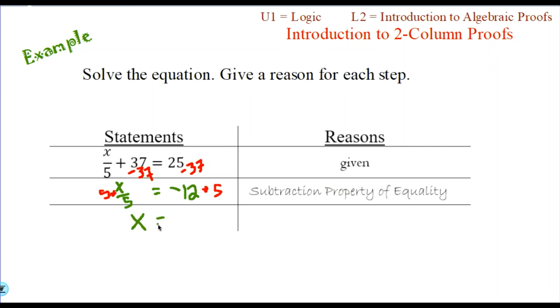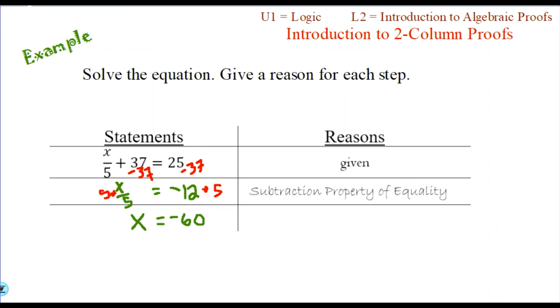So multiplying and dividing by 5 cancels each other out. On the right hand side, a negative times a positive is a negative. 12 times 5 is 60, so it's going to be negative 60. I'm making this statement, x equals negative 60.